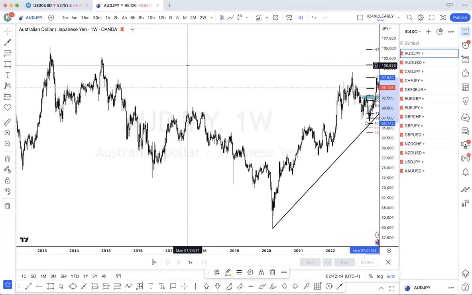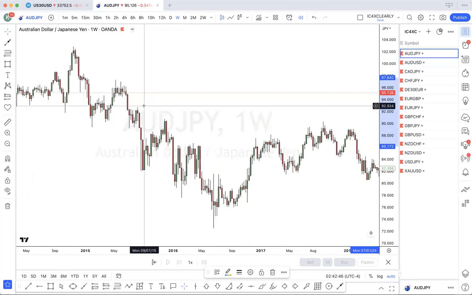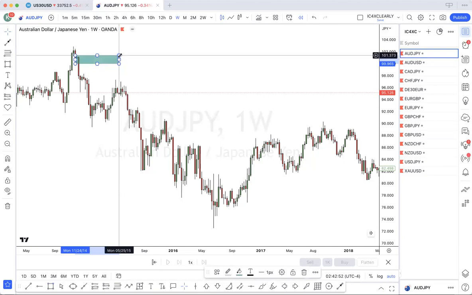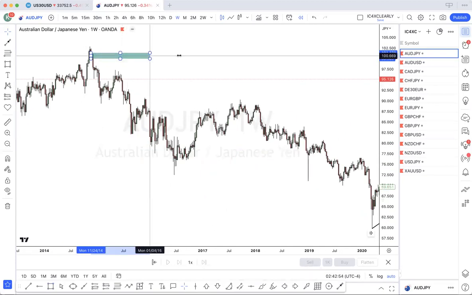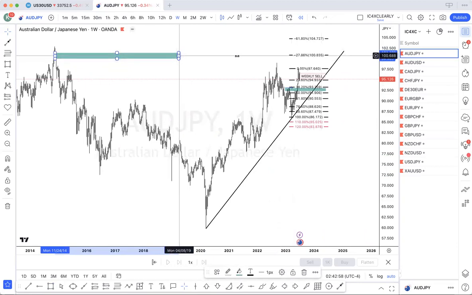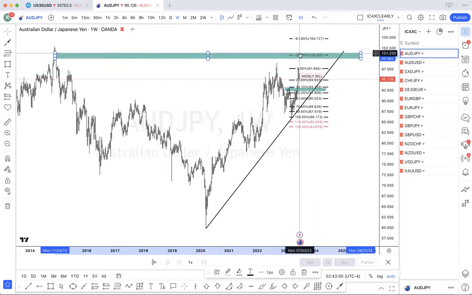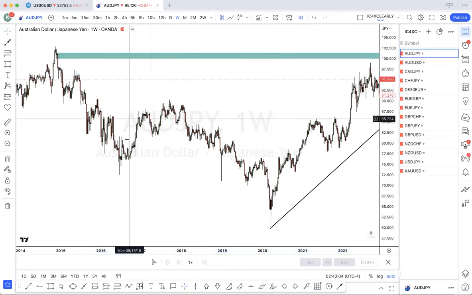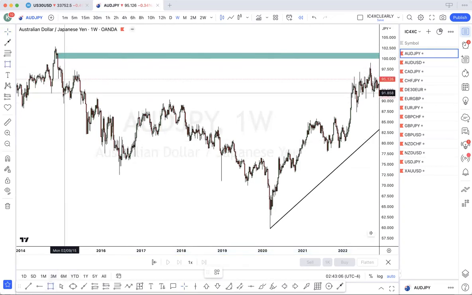Let's also go. We have an order block here, which is in alignment with the negative 27. And then you have the order block and the imbalance here.